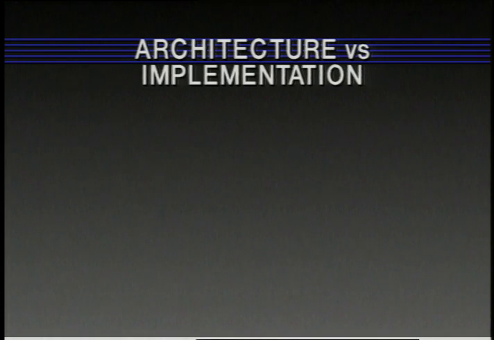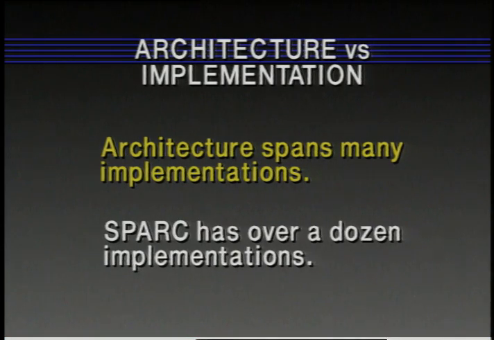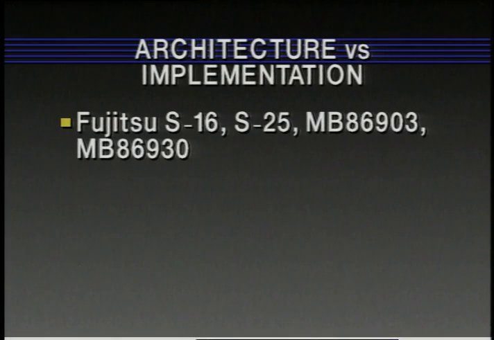Let me talk about one of my pet peeves first in terms of describing an architecture here, which is that a lot of people confuse the difference between architecture and implementation. An architecture is something that spans over a wide number of implementations. SPARC, in fact, at this point has had over a dozen different implementations, starting off with the initial gate array SPARC chip made by Fujitsu, through various speed enhancements and embedded control chips by Fujitsu.